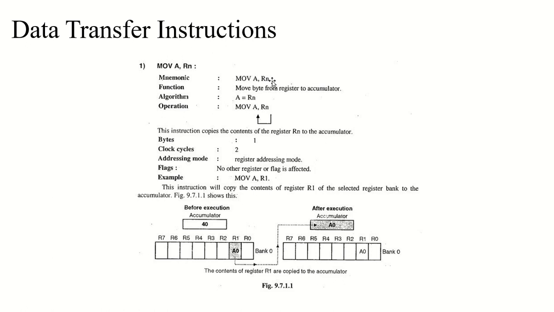It would be rewritten, and the operation goes from source to destination. So basically, the instruction copies the content of the source location to the destination location, and the content of the source location remains unchanged. I'm repeating one more time.